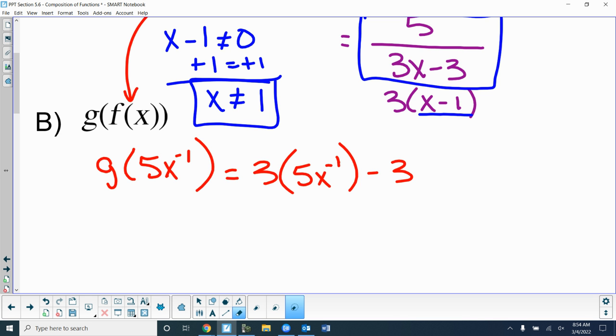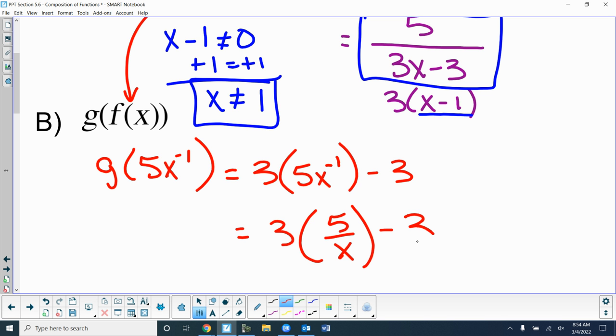Okay, so I'm going to rewrite this 5x to the negative 1 power as 5 over x to the positive 1. You see 5x to the negative 1 and 5 over x are the same thing, right? Are you with me on that? So what do I do with the 3 out front of the 5 over x?